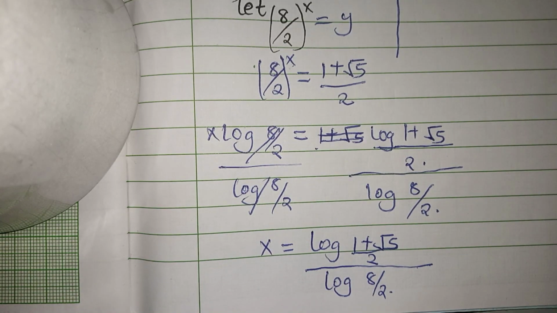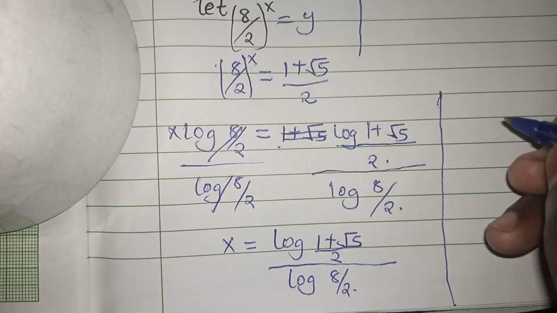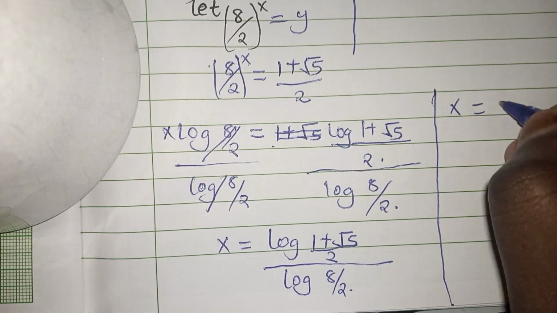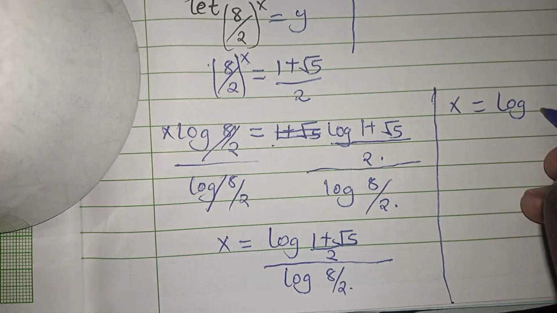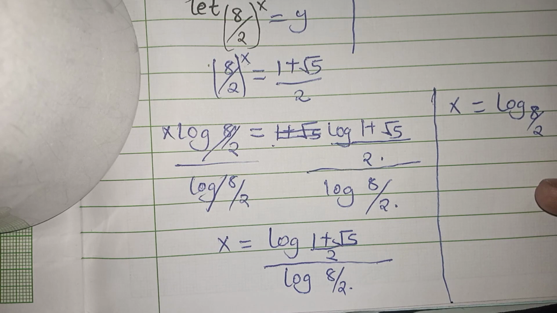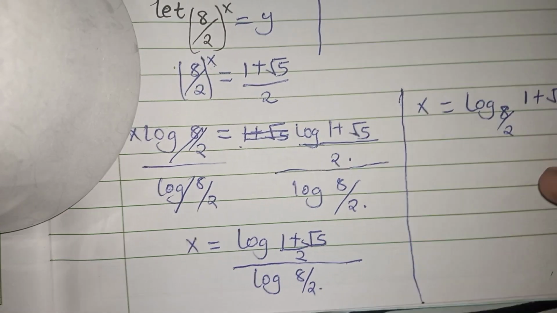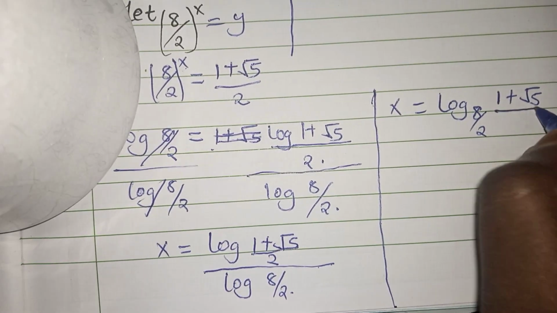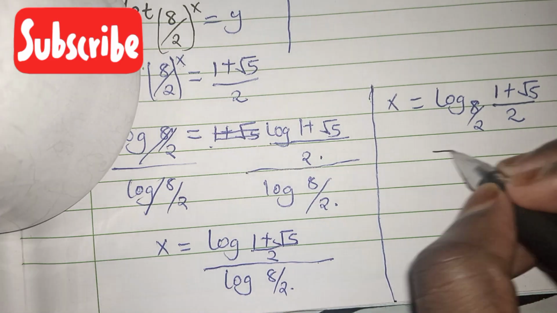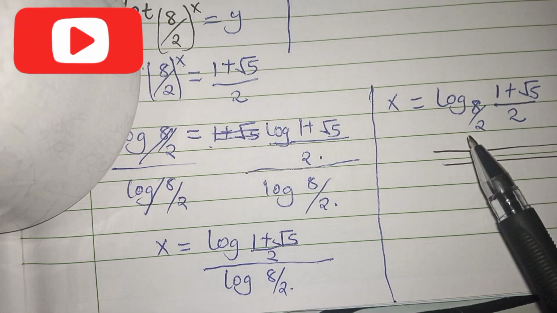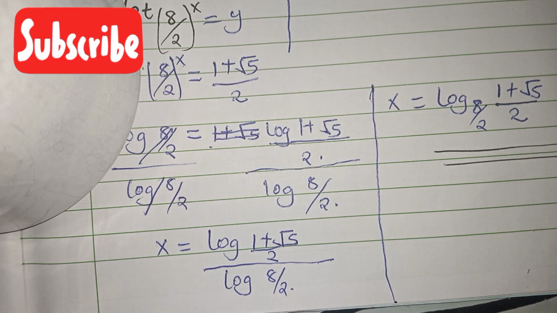Or you can decide to simplify it further by writing x is equals to log to the base of 8 over 2 of 1 plus the square root of 5, all this divided by 2. So this is our final answer. Log to the base of 8 over 2 of 1 plus the square root of 5 over 2 is our correct answer.